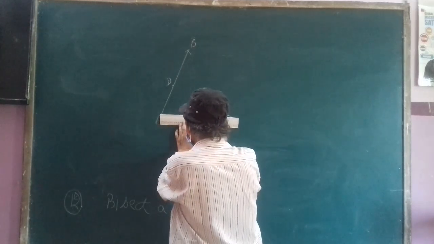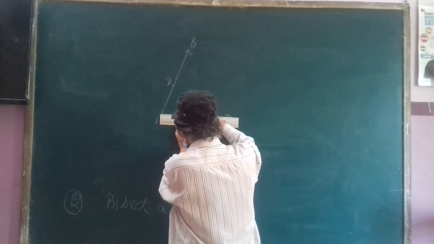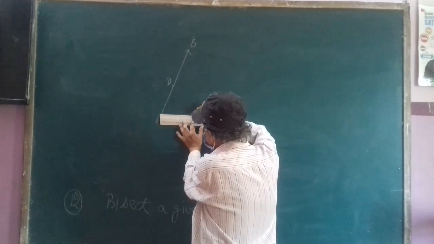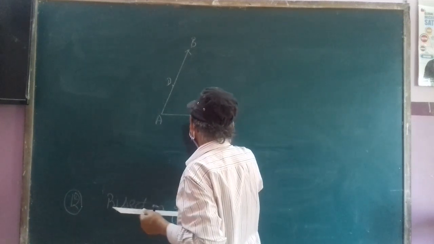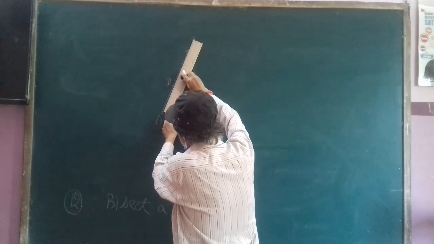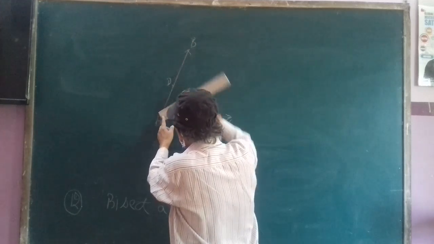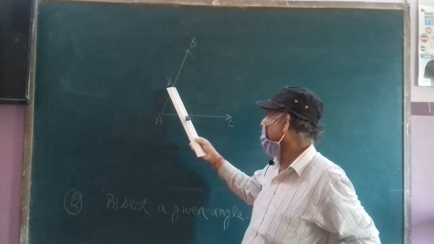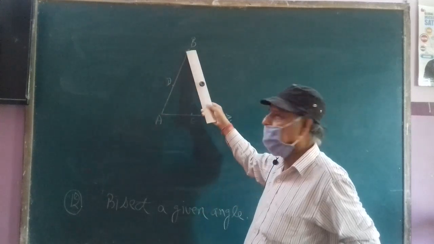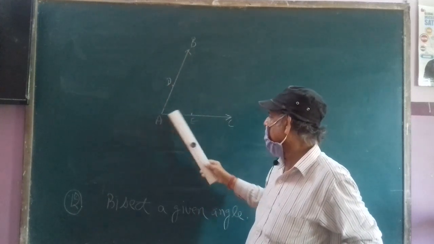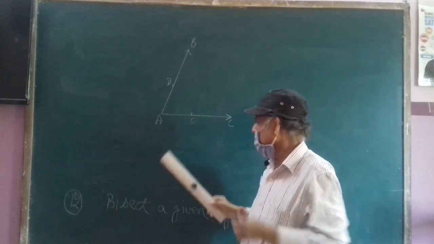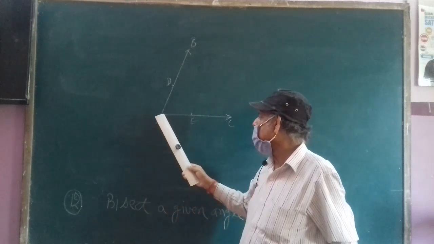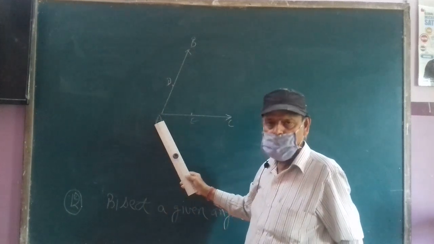So this gap is also equal to 6. Name it as E. Again recheck it. Yes, this is 6 and this is also 6. So you have got 2 points, D and E. D lies on arm AB of the angle and E lies on arm AC of the angle BAC. D and E are equidistant from A.